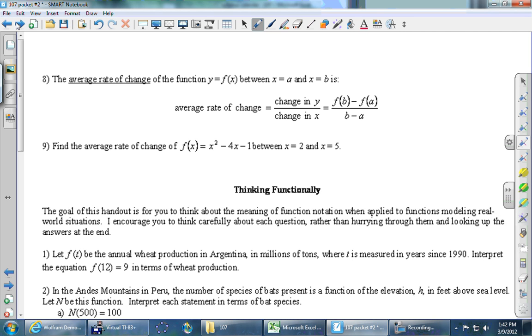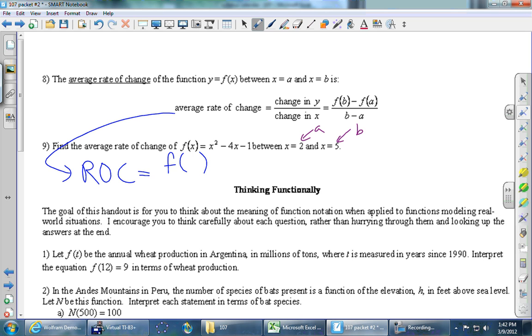Okay, so let's try this. The idea here is that we're thinking of these two numbers as being A and B. Doesn't matter which one you call which. And we're going to follow our definition here. I'll abbreviate rate of change by ROC. So according to our definition, we're doing f of b.